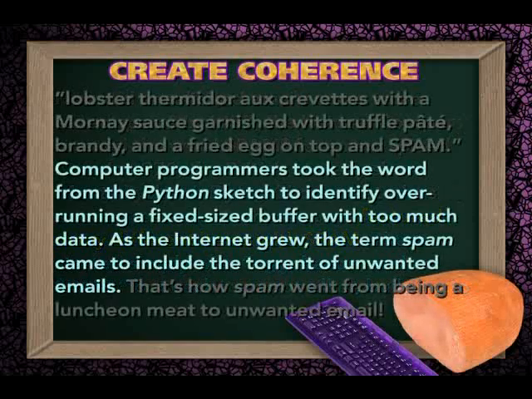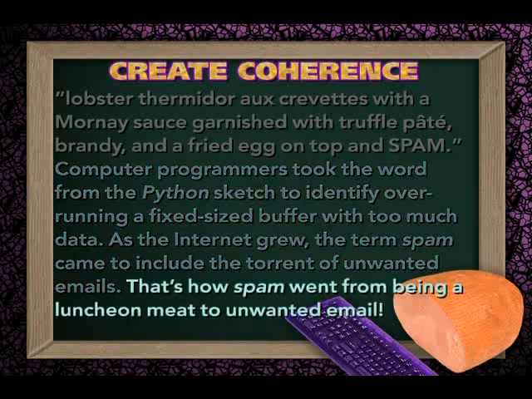Then I go to computer programmers took the word from the Python sketch, there's my transition, to identify overrunning a fixed-size buffer with too much data. As the internet grew, the term spam came to include the torrent of unwanted emails. And here's my conclusion. That's how spam went from being a luncheon meat to unwanted email.